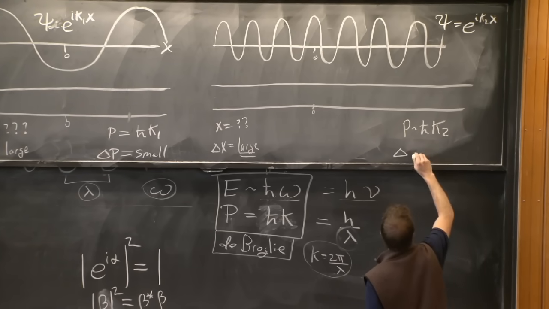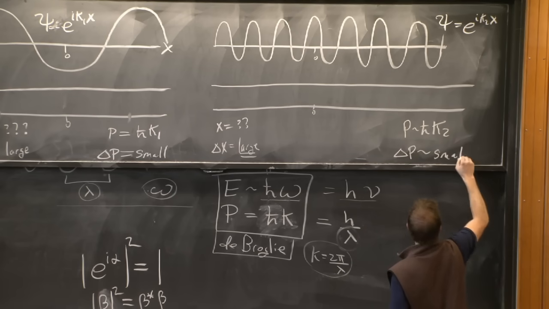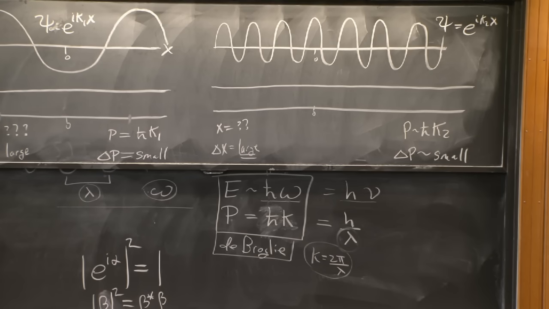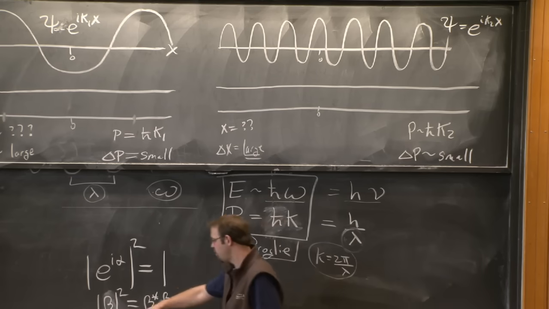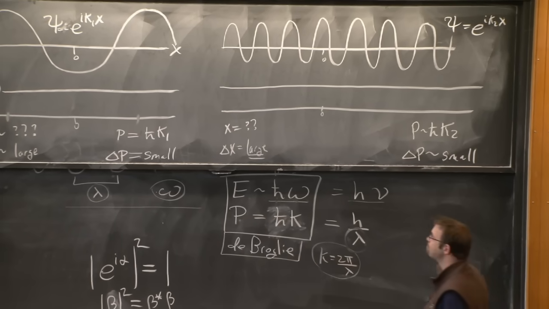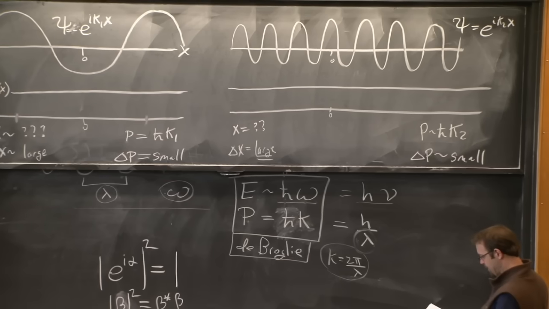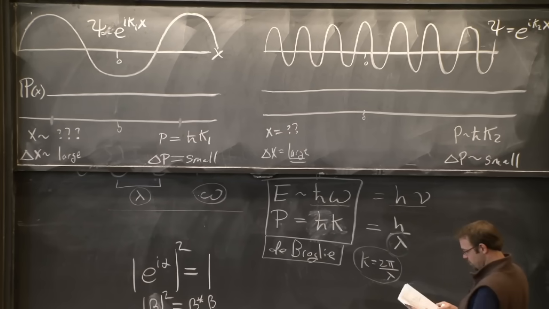Again, it's a perfect periodic function, so our uncertainty in the momentum is small. Everyone cool with that? And that comes, again, from the de Broglie relations. So, good.